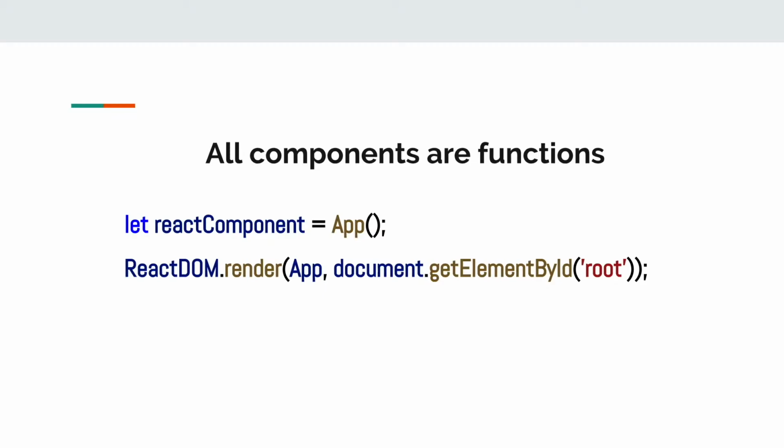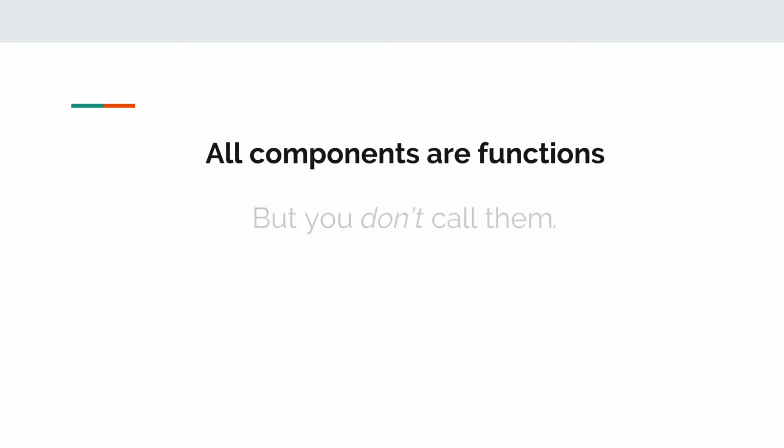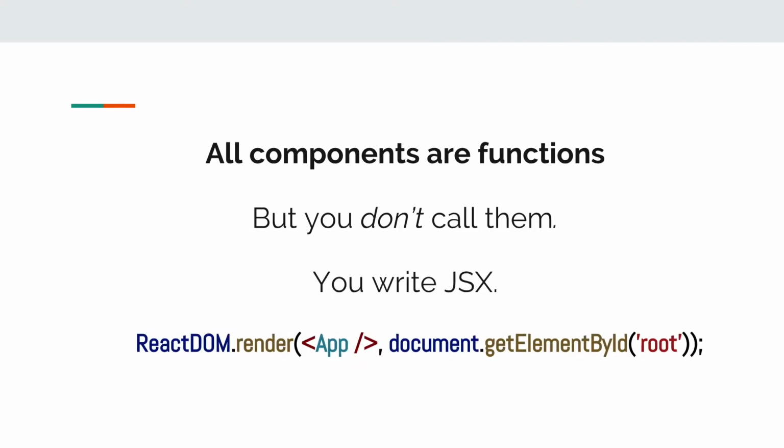But we know this is not the syntax that is used. You don't directly call the component function. Rather, you let the React engine call your component function for you. Instead of calling the app component function, you specify that you want a component to render through the JSX syntax.